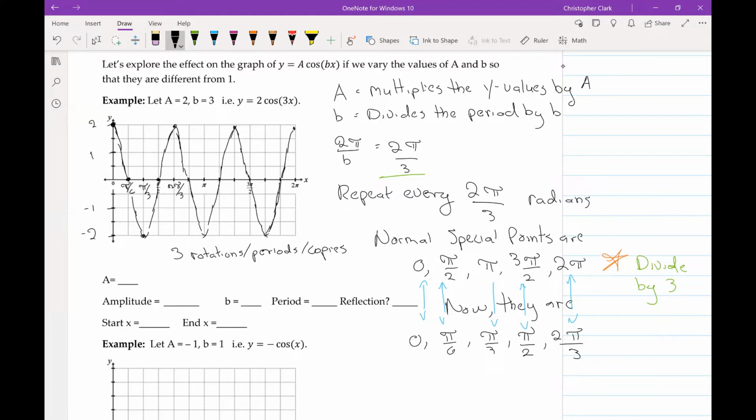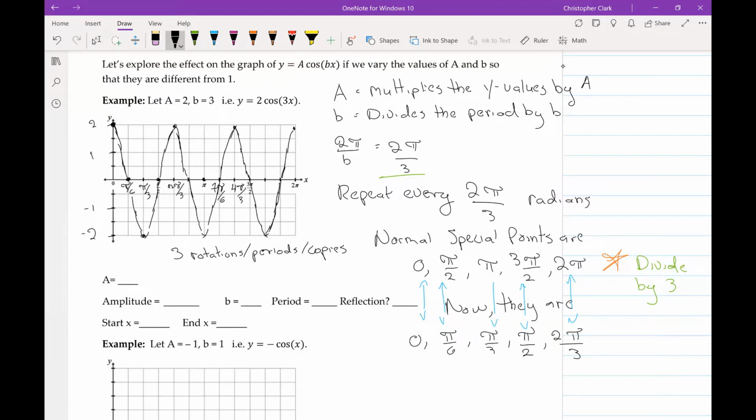So we have 1 pi over 6, 2 pi over 6, 3 pi over 6, 4 pi over 6, 5 pi over 6, 6 pi over 6. This would be 7 pi over 6. This would be 8 pi over 6, which is 4 pi over 3.